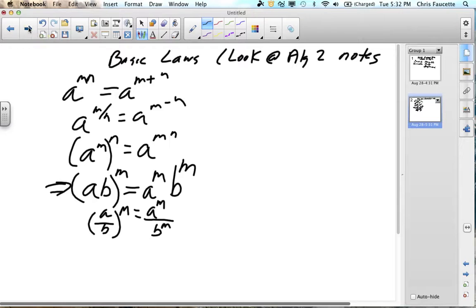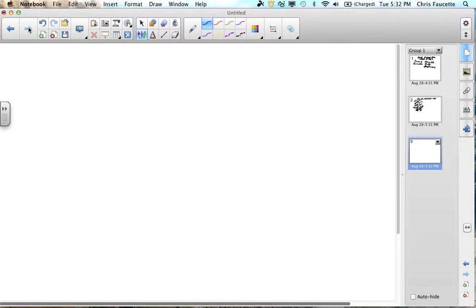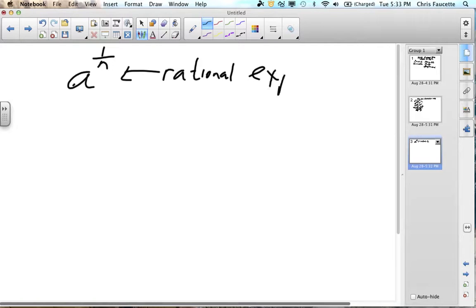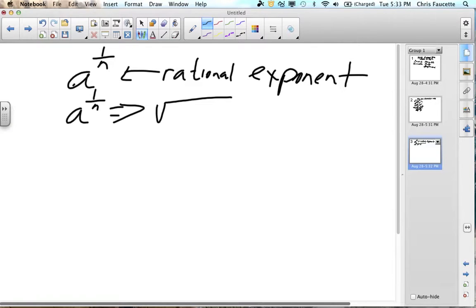Okay, one other definition. It's very important. Then I have some number, and this is what's called a rational exponent. It's written as a ratio or a fraction. So a to the 1 over n means the nth root of a.